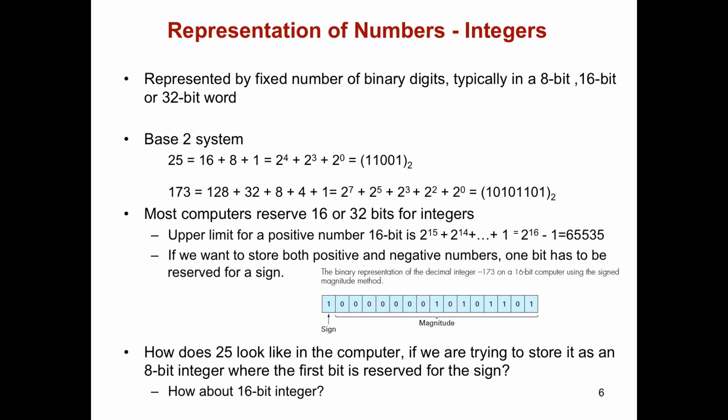And then my 25 is 1, 1, 0, 0, 1. And the rest I would just fill with zeros. Okay, so there would be a whole lot of zeros for 25 in this type of representation. Does that make sense? So I just fill in what I don't have.